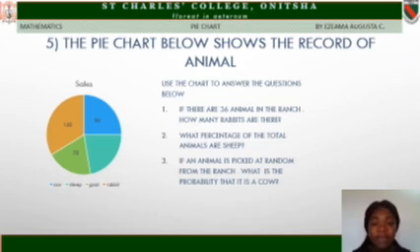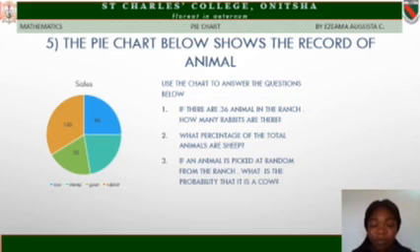Example 5. The pie chart below shows the record of animals. Look at the pie chart below. You will see the animals we are talking about: the cow, sheep, goats, and rabbits. Remember, the colors beside the animals signify the portion of each sector in that pie chart.